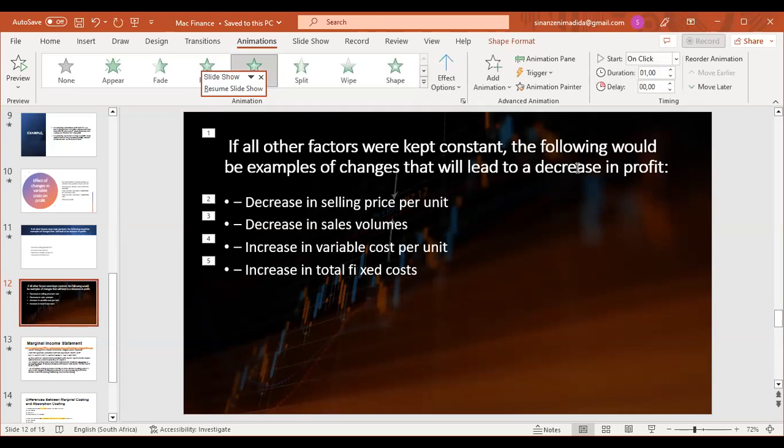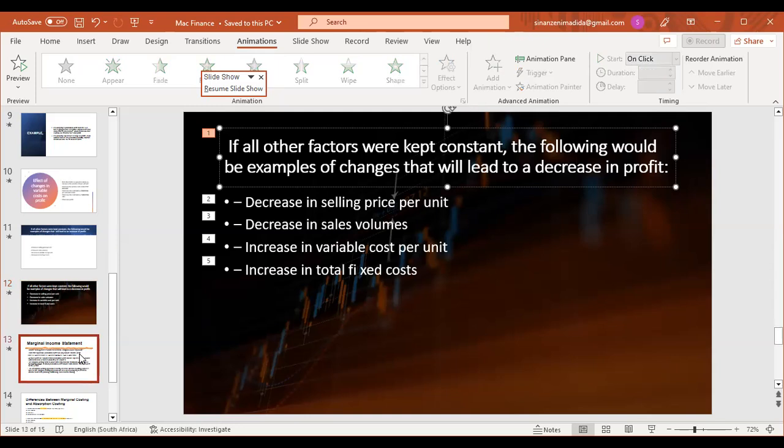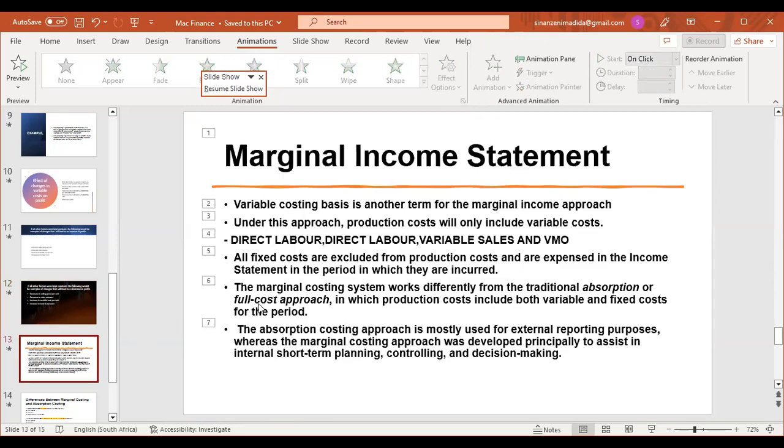These are the statements which are trying to enforce what CVP is all about: the changes in profit, the changes in volume, and the changes in costs. Now, if you check again under this topic, for us to be in a position, guys, to use our CVP, we need what is called a marginal income statement. This is a requirement.